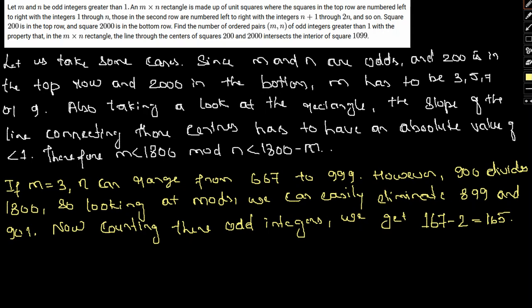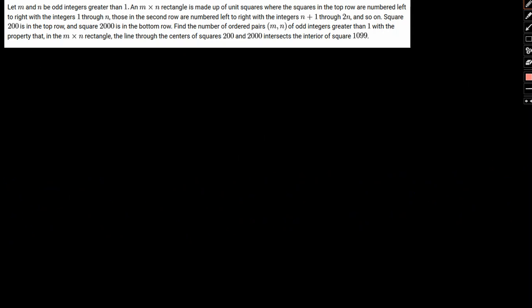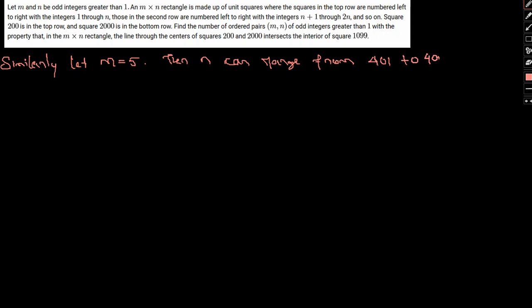Okay, so next let's see. Similarly, let m equal 5, then n can range from 401 to 499.